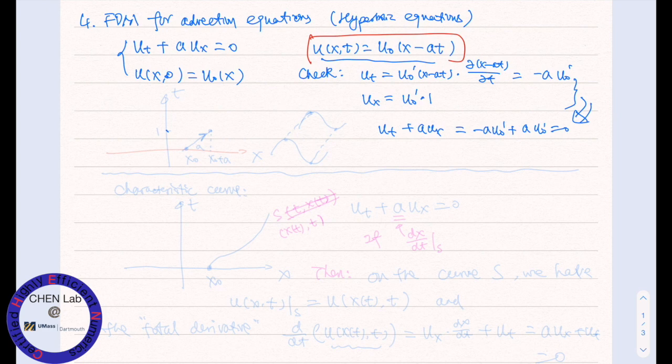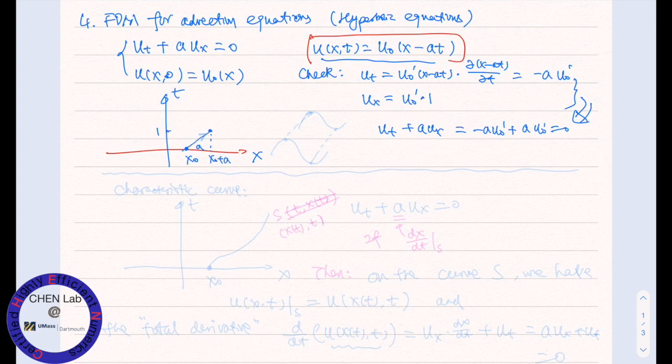If you think about it, this is a traveling wave. Here is t, and this is x. A function value here at x_0, at t equal to 0, is carried over at t equal to 1 to x_0 plus a.